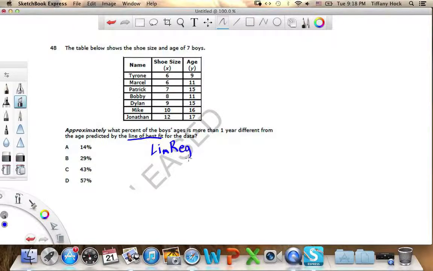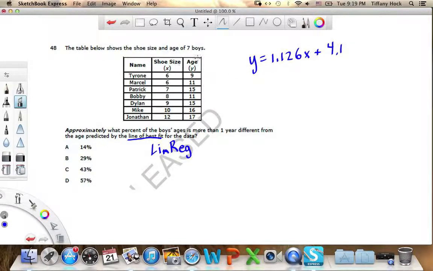So once you plug these in your calculator, you go to option 4, Stat, Calculate, Linear Regression, and you come up with the equation y equals 1.126x plus about 4.1. So x is the shoe size, and we're predicting the age based off of the shoe size here.